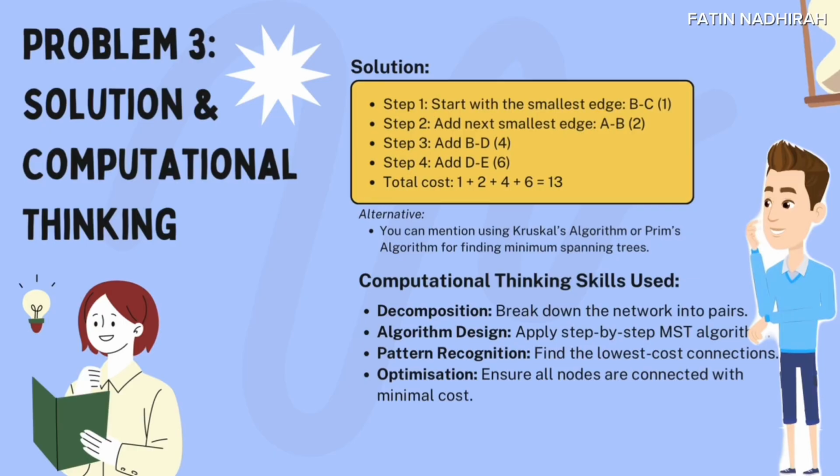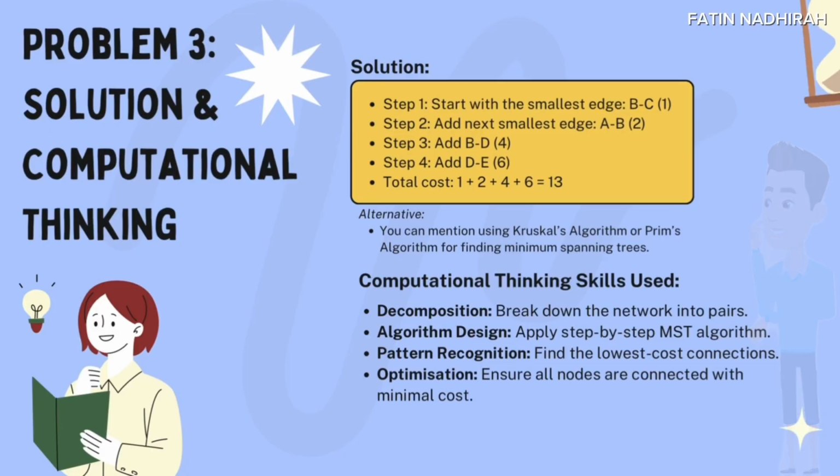This is a perfect example of decomposition, which is breaking the network into small parts, pattern recognition by finding the cheapest connections, and algorithm design by using Kruskal's method to build the optimal solution. It is also the same kind of logic I use in network routing and AI pathfinding.